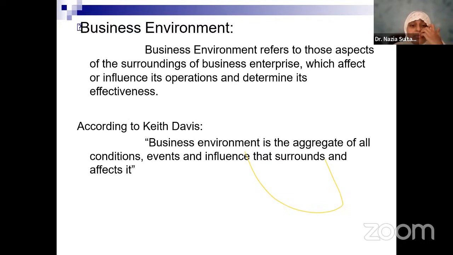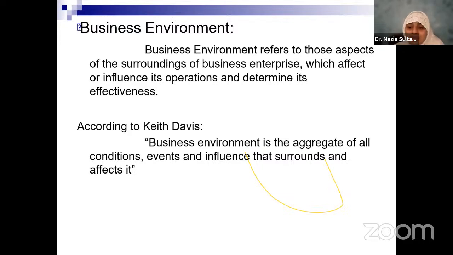So business environment is basically anything which is surrounding the business, which has an impact on the operation of the business, which has an impact on the effectiveness of the business. Here, Keith Davis, who is one of the major economists, has defined business environment as the aggregate of all the conditions, events, and influences that surround and affect a particular business.